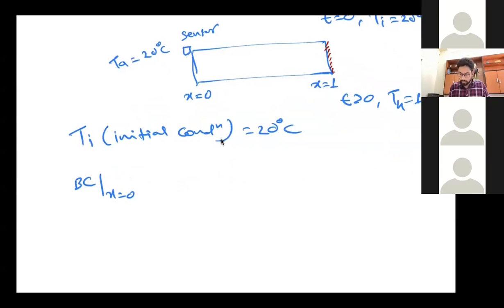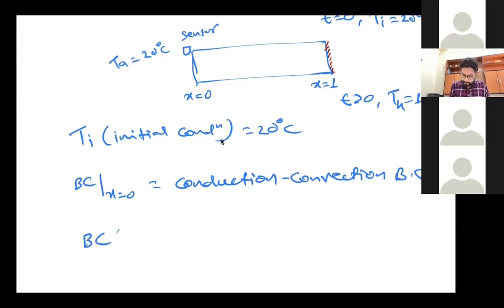The boundary condition at x equal to 0 is 20 degrees Celsius in the beginning, but now there is a conduction convection boundary condition, which we will discuss shortly.